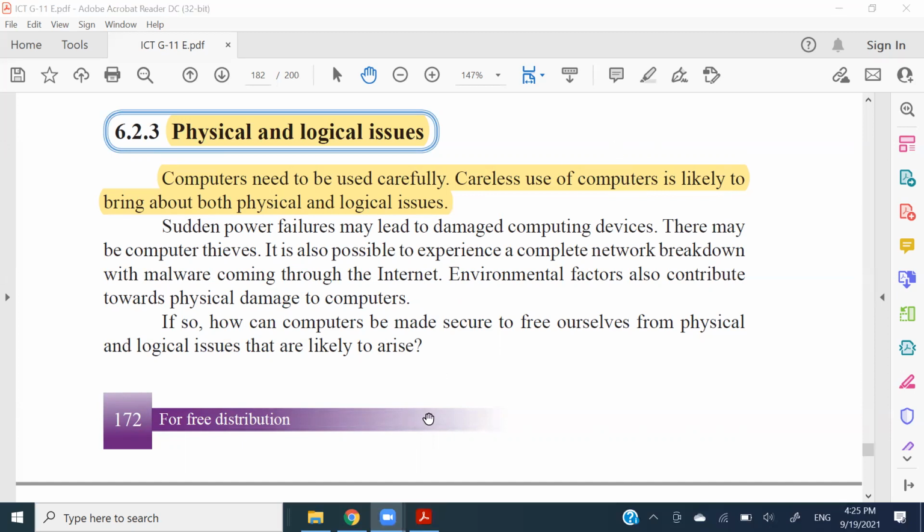Right. So after this, you are going to write this particular sentence. To avoid the physical issues, physical security will be given.